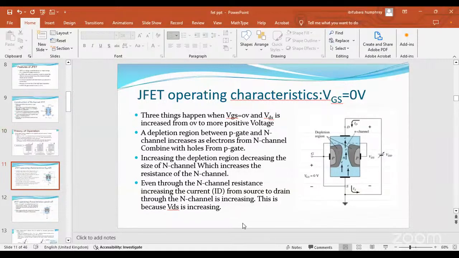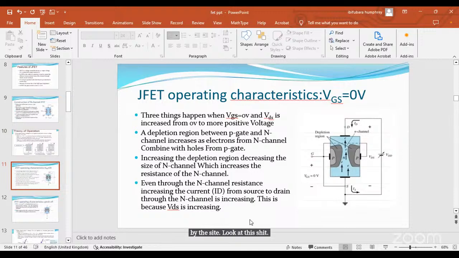I'm trying to correct something. So three things happen when VGS is 0 and VDS is increased. We apply voltage across the drain and the source, and then we increase it from 0 to a more positive voltage. If you look at the two P-types by the side, look at the shape.